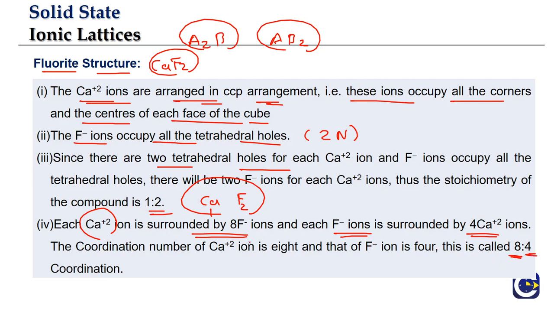Why this is happening is because the formula of the compound is CaF2. Each calcium will be surrounded by 8 fluoride ions, whereas each fluoride ion is surrounded by only 4 calcium ions. Hence, it is like 8:4 coordination number. So this is about the coordination number of calcium fluoride or the fluoride structure.